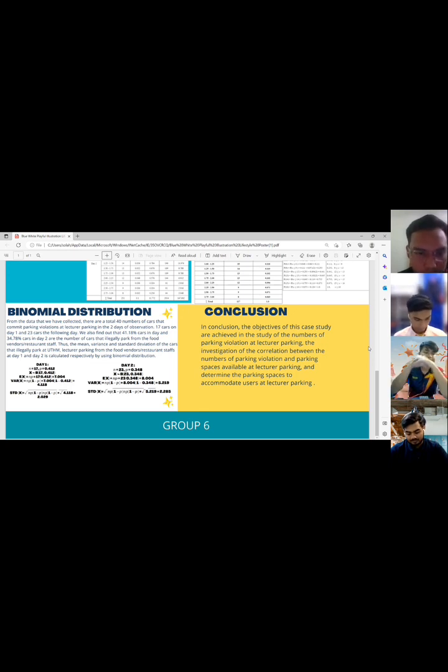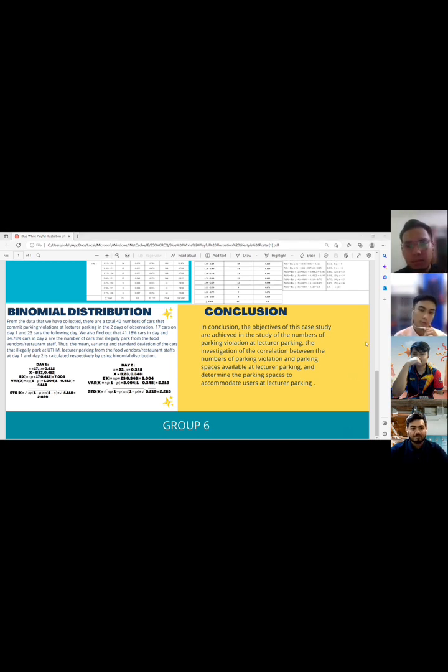For the formula np, we get 8.004 and the variance we get 5.219. For the standard deviation, we just use the square root of np multiply 1 minus probability of success, we get 2.285. Okay, I will pass to Muhammad Salahuddin.